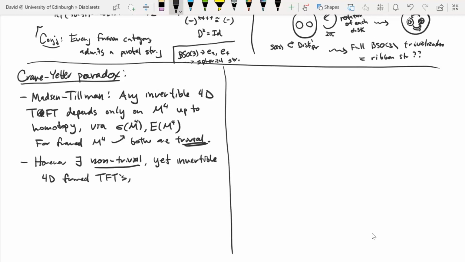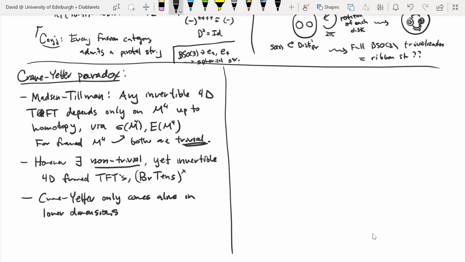These come from invertible objects of this 4 category. And so how do we square that? Well, the point is that Crane-Yetter only comes alive in lower dimensions, which is of course just another way of saying that we should regard it as an anomaly for an interesting 3D TFT.